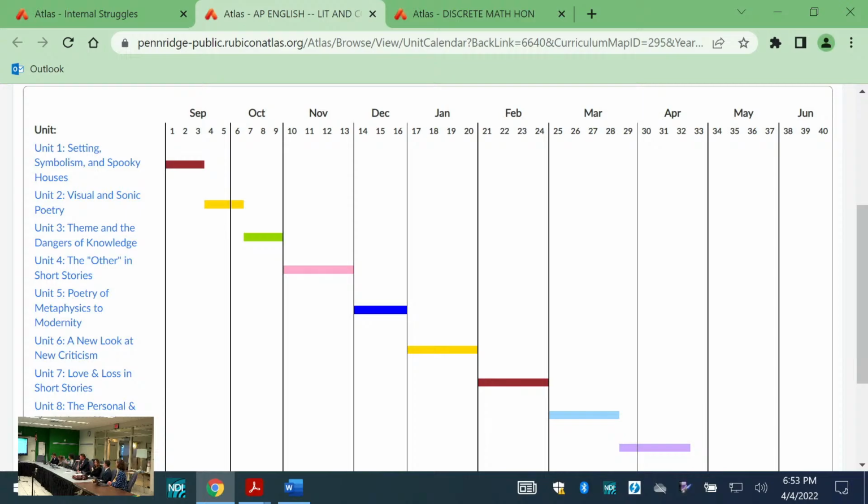He broke it up into thirds to ensure that students were prepared to spend the allotted amount of time exploring each of these topics and genres so that they're prepared for the exam, while also ensuring they're getting the content skills, the exposure to text and writing that we think is important in this course.